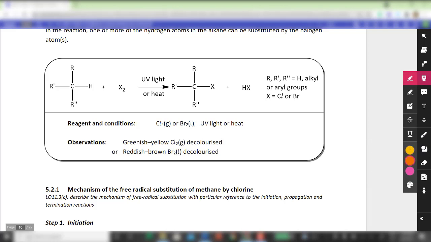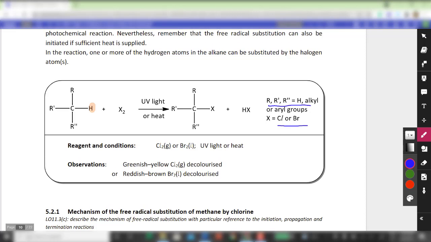If I have primary alkanes or secondary alkanes, they will also undergo free radical substitution. So this is just something very generic. And of course your R groups can be either H or alkyl or aryl or equivalent things, with X, in this case, being either chlorine or bromine, in the presence of UV light or heat.